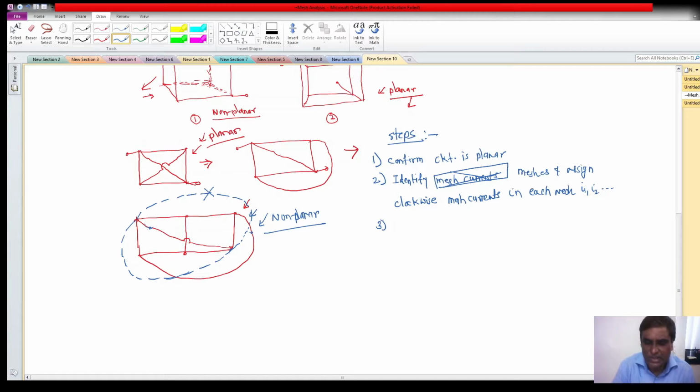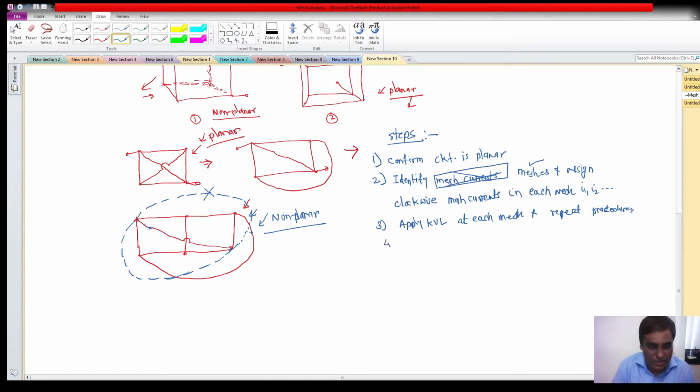Third, once I have found the meshes and mesh currents, you apply KVL at each mesh, and then repeat the procedure for the other meshes also.